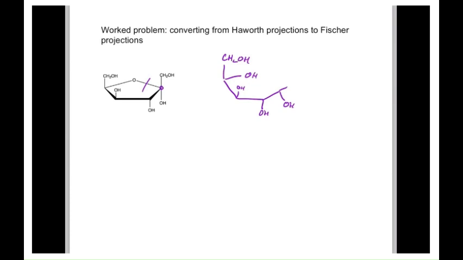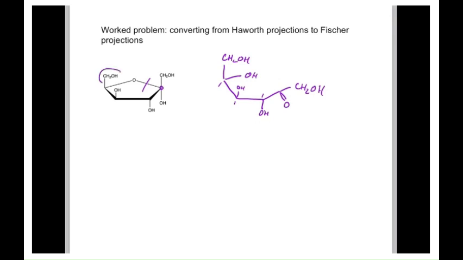Now, in this case, it doesn't matter where we put the carbon-carbon double bond because there's no stereochemistry at that position. The only ones that matter are carbons 3, 4, and 5. Those are the three critical ones.